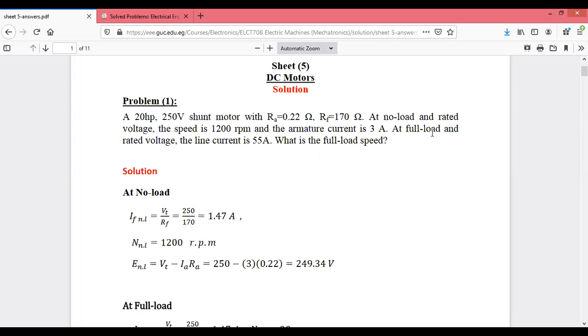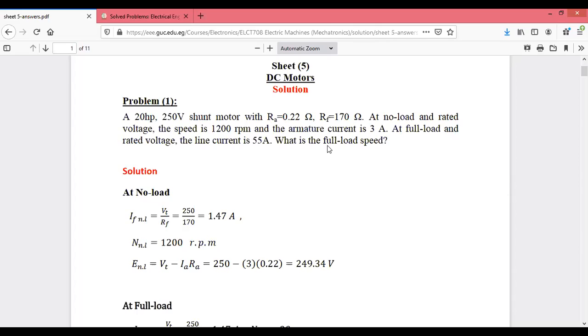At full load and the rated voltage, the line current they have given, which is nothing but the armature current, is 55 ampere. So we are supposed to find the speed at full load.